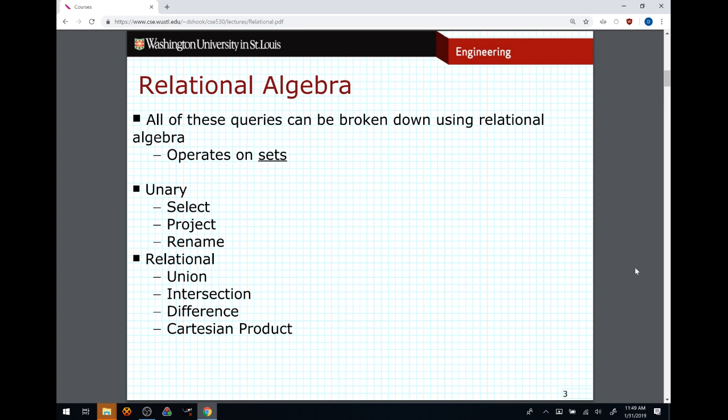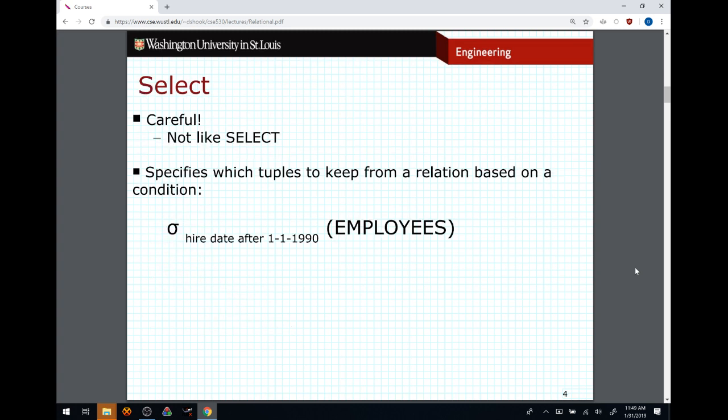So really, these relational operations are just set operations, largely. There are several of them that I want to talk to you about today, some of which are far more common than others. Some of them require just one set to operate on. Those are the unary operations. And then we have binary operations, which require two sets to operate on. We're going to start with the unary operations first and go down the list.